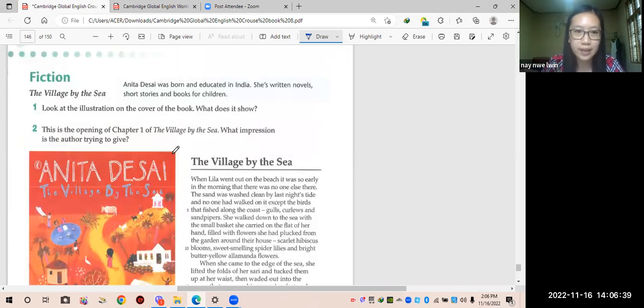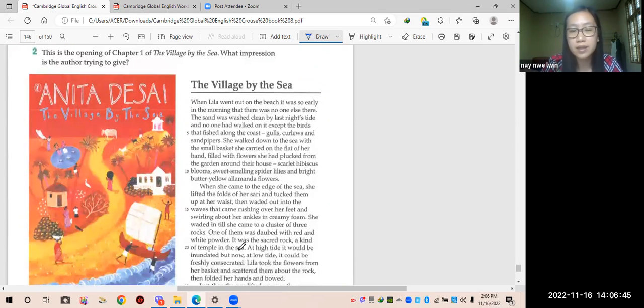Okay, so let's move to number 2. This is the opening of chapter 1 of The Village by the Sea. So you have to read this and then give me the answer. What impression is the author trying to give? Okay, so read this and we'll discuss this question.